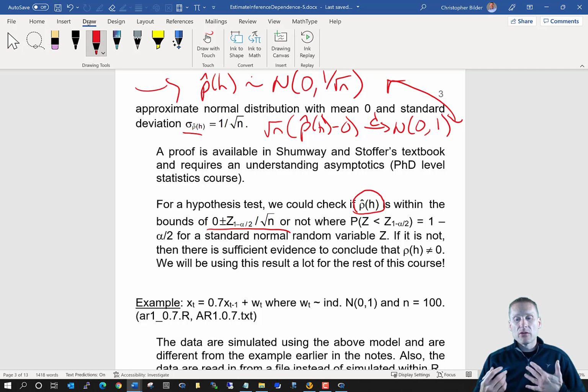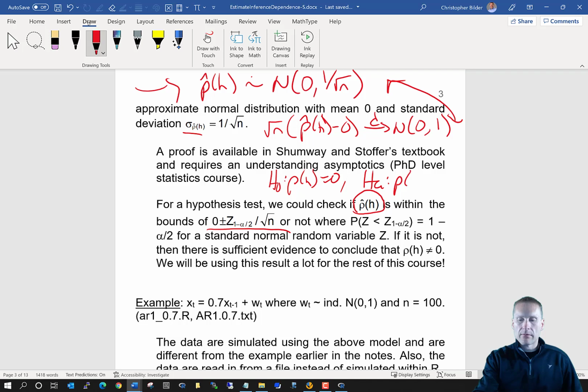If it is, we say don't reject H0, where HA is not equal. If, however, rho hat of H is outside of this interval, then we would reject the null hypothesis. And that says we have a significant autocorrelation, or probably a better way to say it is that yes, we do have evidence that rho of H does not equal 0.